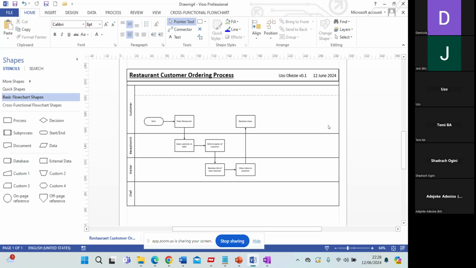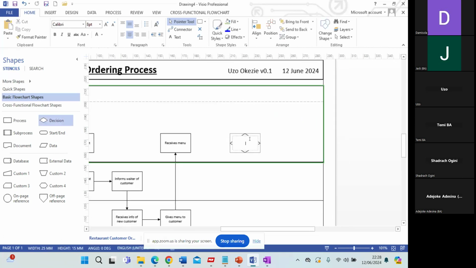Like drinks. Brilliant. Okay, so receives menu. So this is our decision box. Pre-dinner drink?